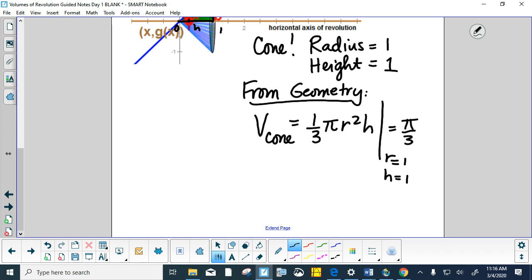Pi over 3 units cubed. Did we just verify the geometric formula for a cone? Pretty amazing, no? Pretty exciting?